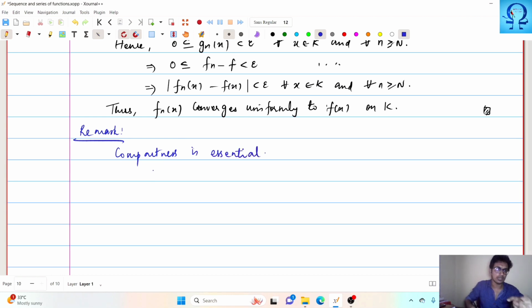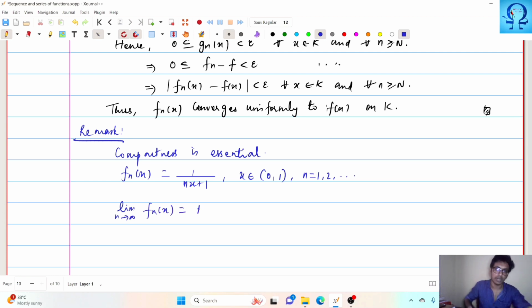Suppose the compactness is not here, what is going to happen? Let us see. Let us define fn of x to be 1 upon nx plus 1, where x can take any value in the interval (0, 1). So this is what we have. What is the limit as n approaches infinity of fn of x?